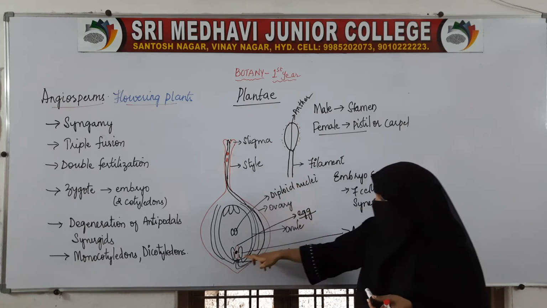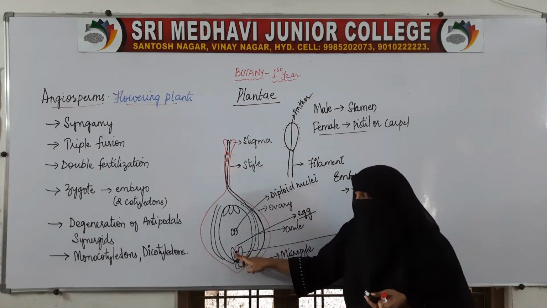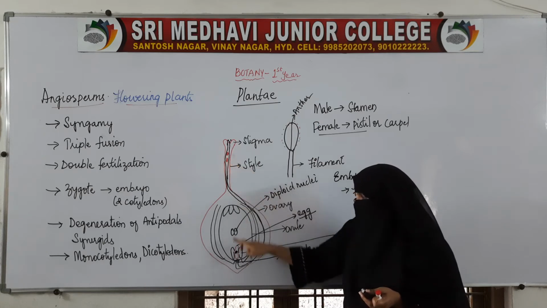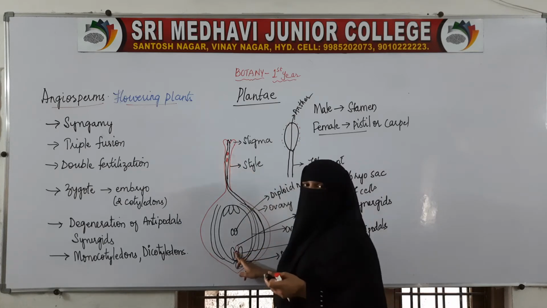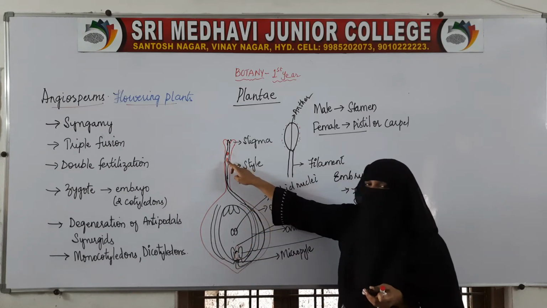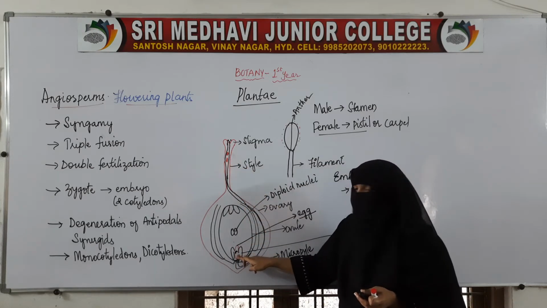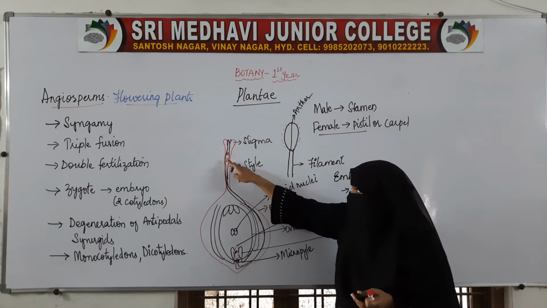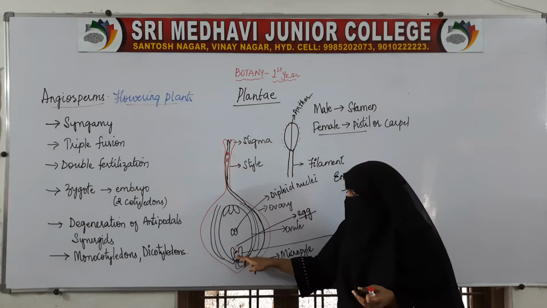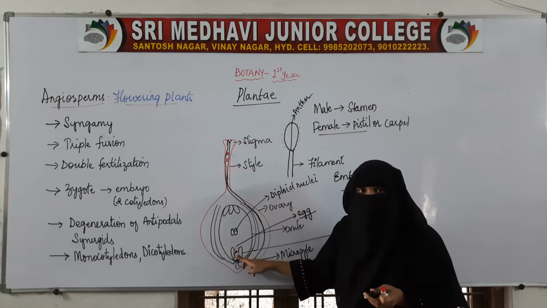So one male nucleus fuses with this one. This fusion of the male nucleus with the egg is called fertilization. This is the fusion of the male gamete with the female gamete; the egg is the female gamete.